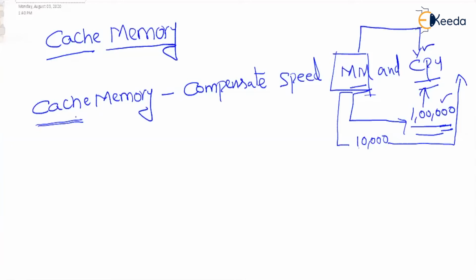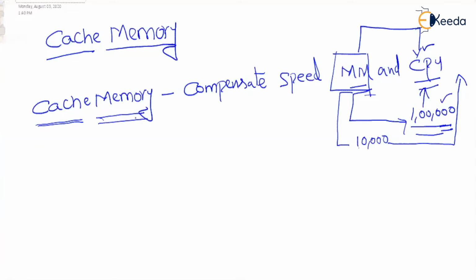We discussed this phenomenon already while discussing the memory hierarchy. Now let us dive completely into the depth of the cache memory, because from the GATE point of view, cache memory is an important topic. Not only from the GATE point of view, cache memory holds an important role in the entire computer system architecture, precisely in the topic of memory. Now let us get into the details of the cache memory.